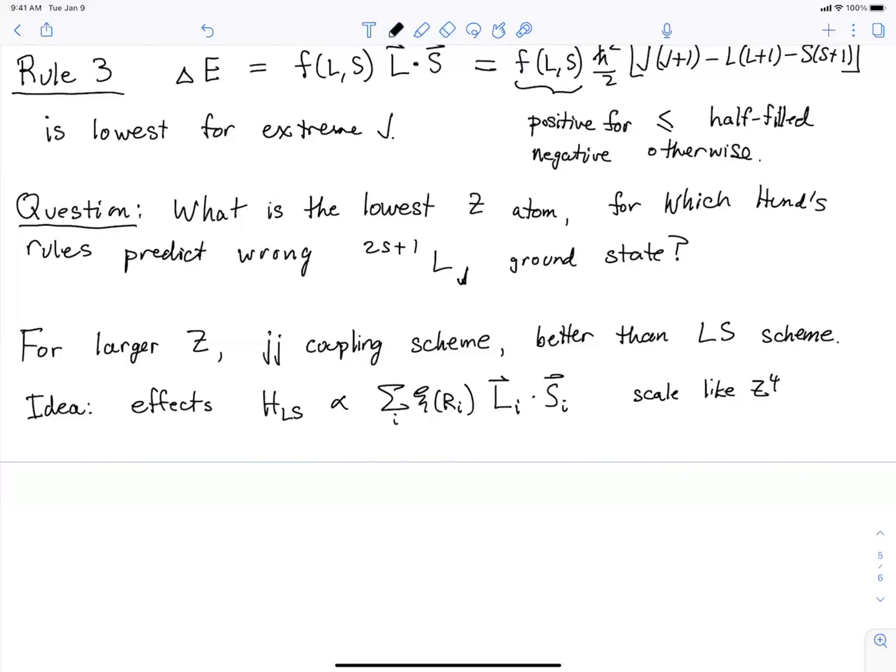And then eventually for large Z, we'll treat the electrostatic things as the perturbation.